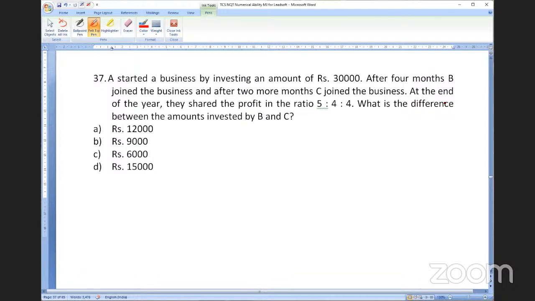Set up a timer for yourself. Try to do it in 60, 70, maximum 80 seconds, and see how far you go in that particular time.